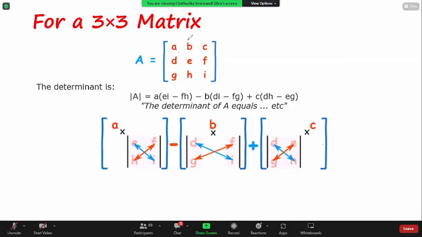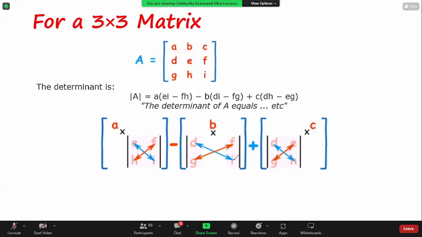Right. So next, you get the B, the next element. When you cut through B row-wise and column-wise, you are left with this part and this part: D and G, F and I. So B times the determinant of this 2 by 2 matrix.